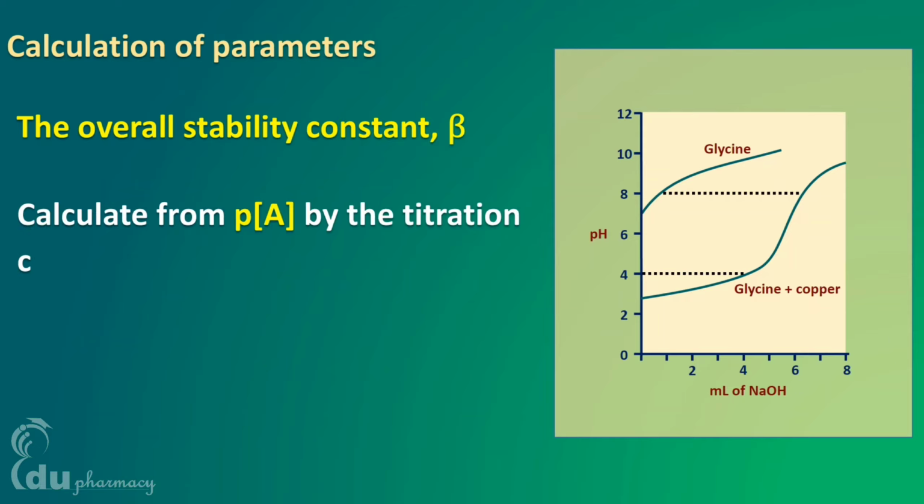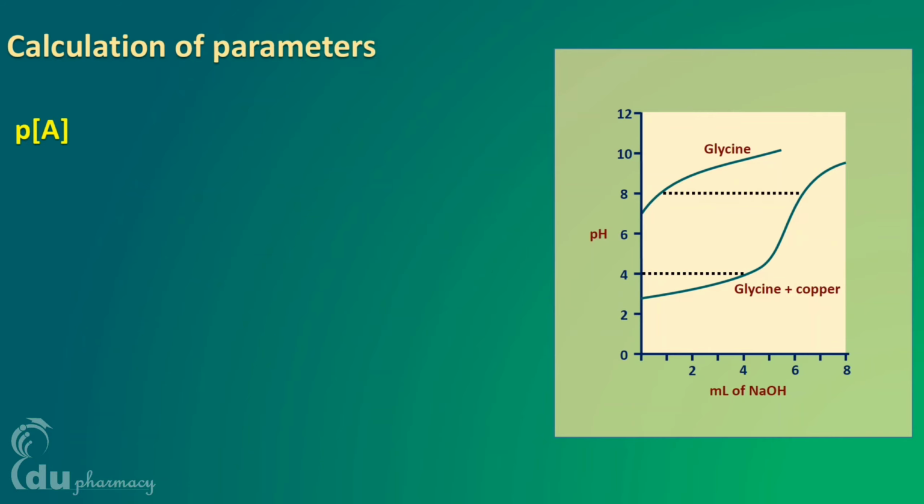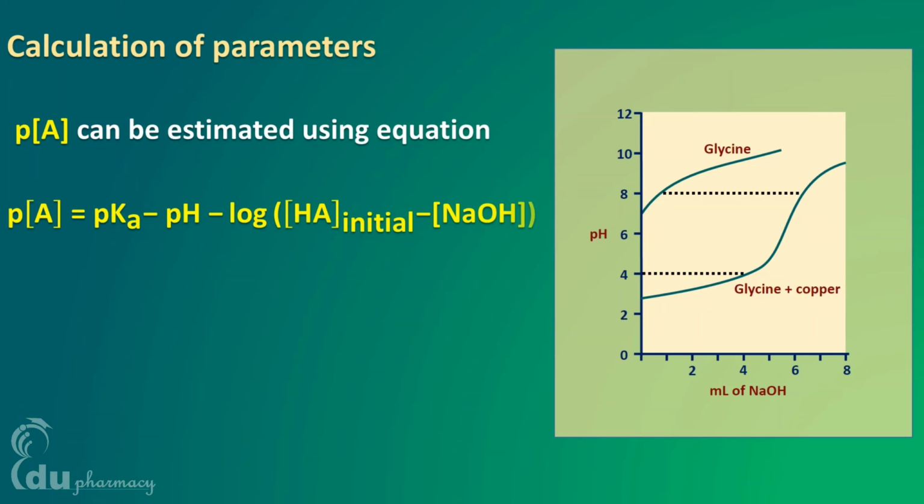For the calculation of the stability constant, first, we will need to calculate the concentration of ligand bound, pA, from the titration curves according to this equation. The pA value can be estimated using the equation pA is equal to pKa minus pH minus log of the initial concentration of HA minus the concentration of sodium hydroxide.